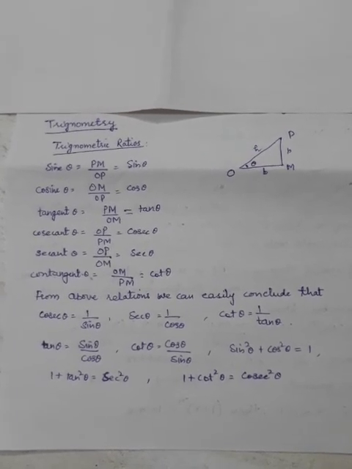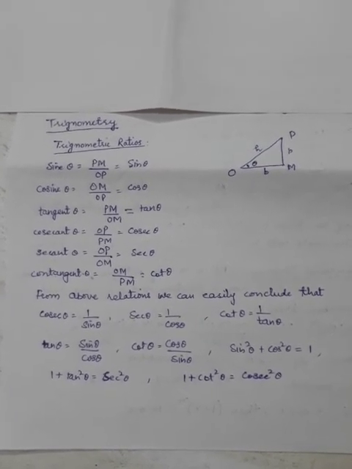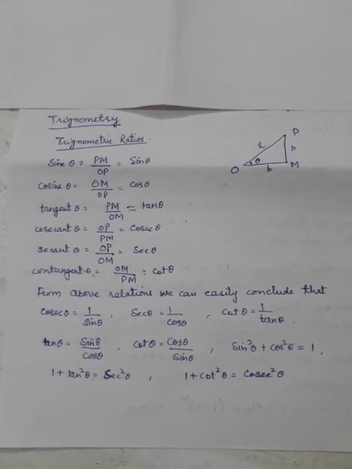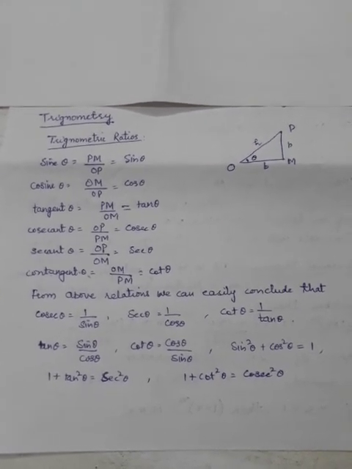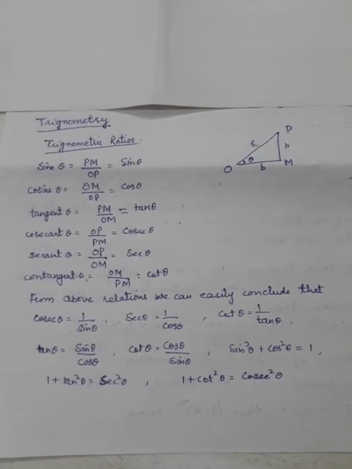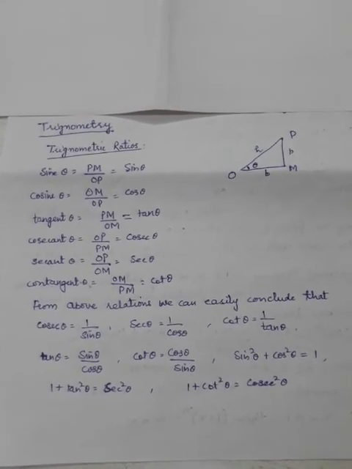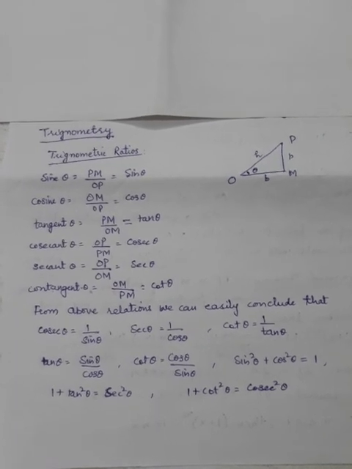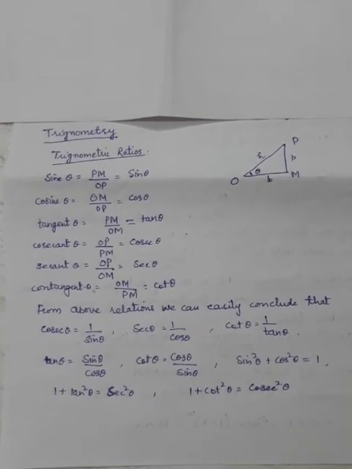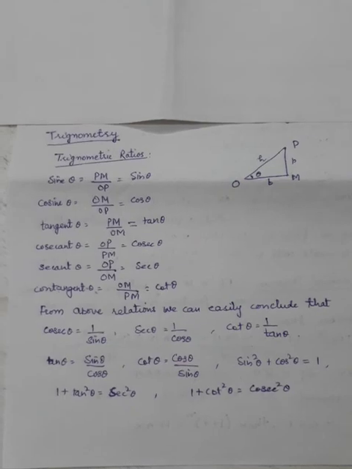But if I say what is the value of sin 210 degree or cos 135 degree, then it will be difficult for you to tell the values, but it is really an easy task to calculate these values also. And in the next video I'll be discussing the method to find those values.